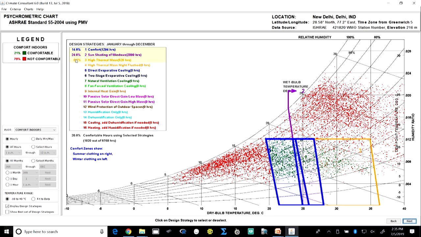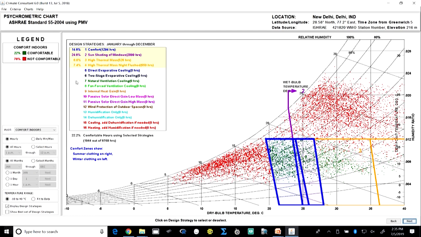If we look at high thermal mass, suppose I add a lot of thermal mass, it will bring only 6% of these hours under comfort, which is very less. If I night flush it, it will add around 7.4% of the hours to the comfort range.